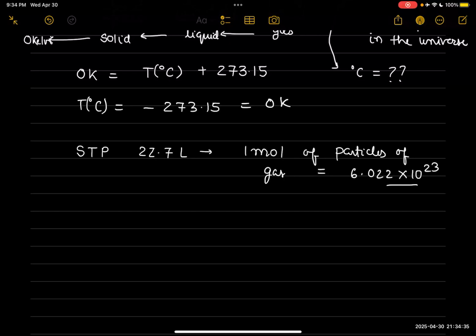Got it? That is also known by the name of 1 mole.